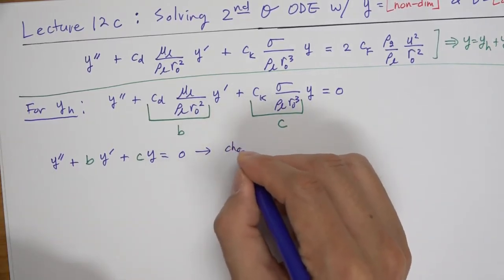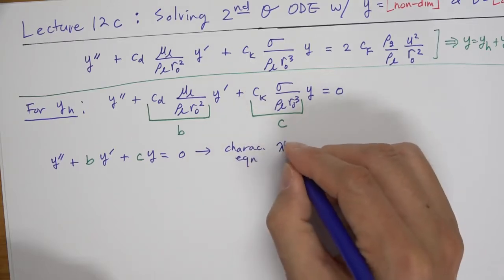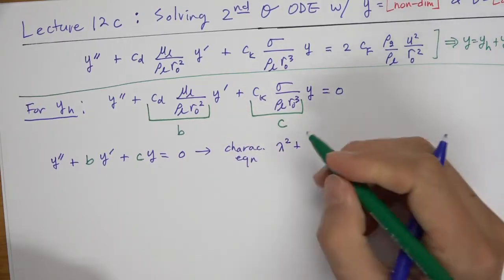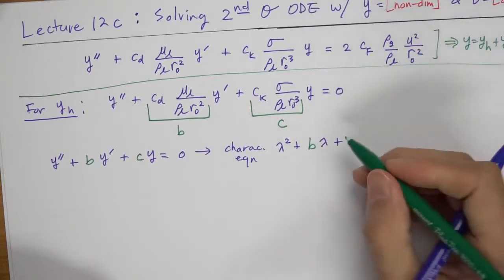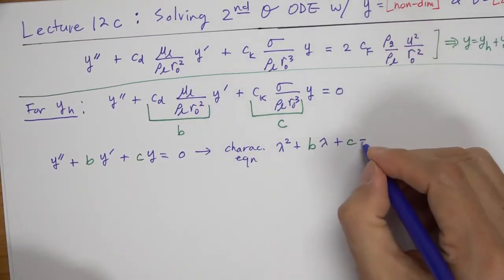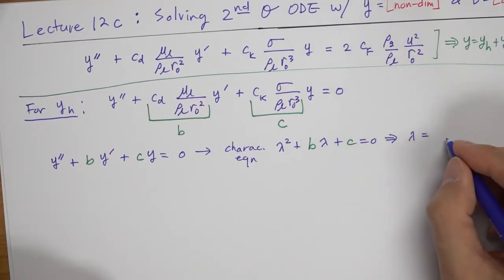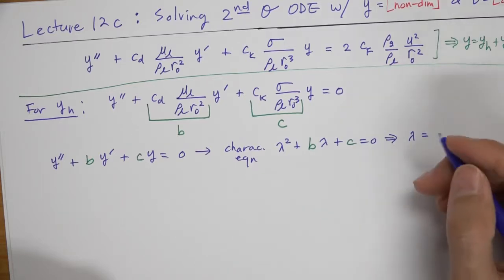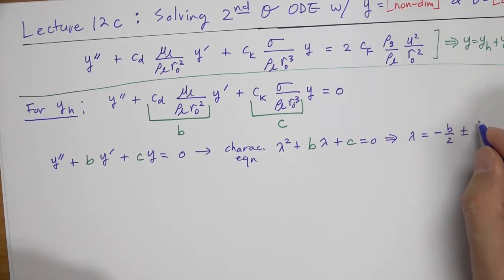What's my characteristic equation? The characteristic equation would look like lambda squared plus b lambda plus c equals 0. So what's my lambda? Lambda will be minus b plus or minus the square root of b squared minus 4c, over 2.